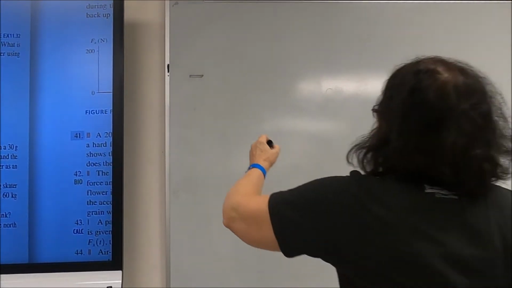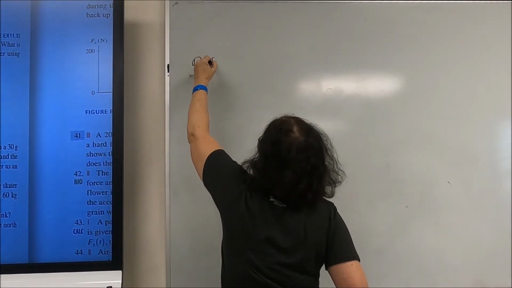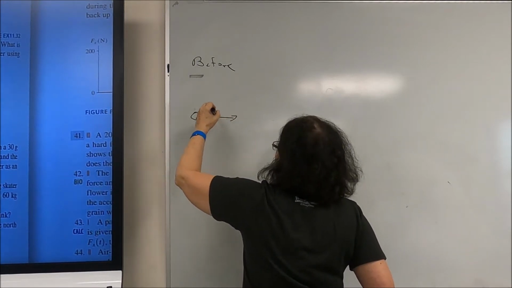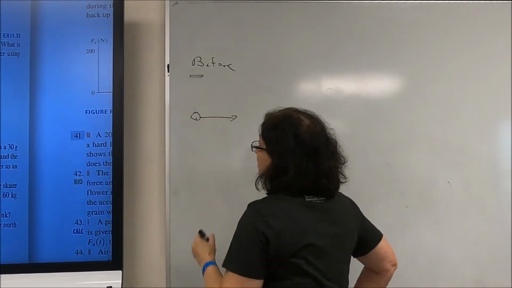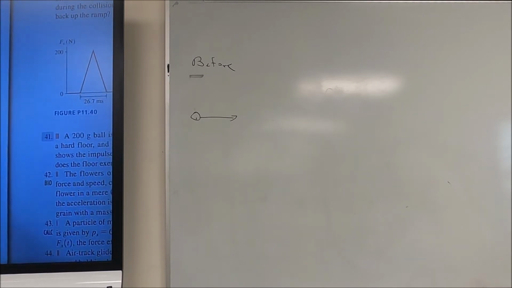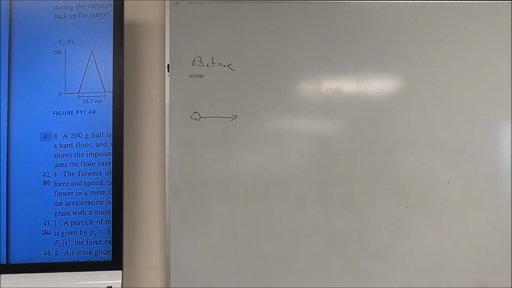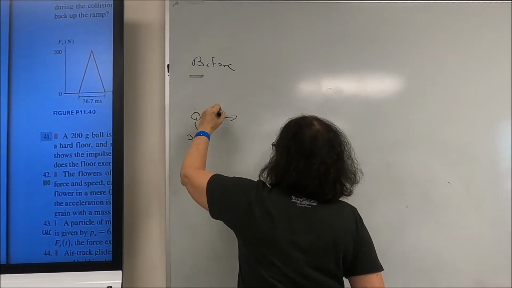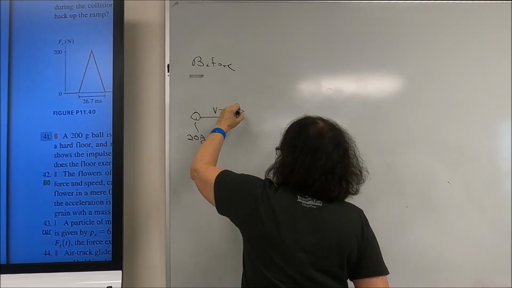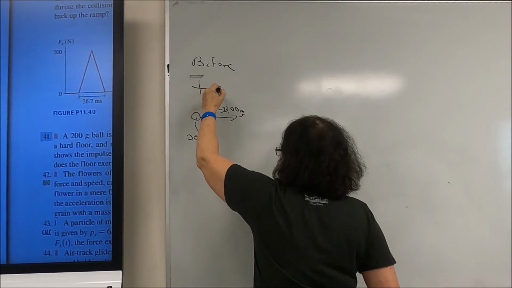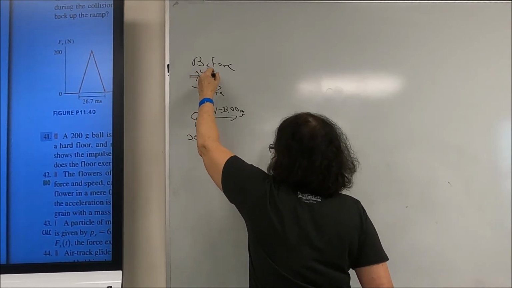So in our before, ball 1 is traveling east at 3 meters per second. So this is our 20-gram ball, and it's traveling east at 3 meters per second. If I assume that this is my plus x, that's going to be my plus y direction.